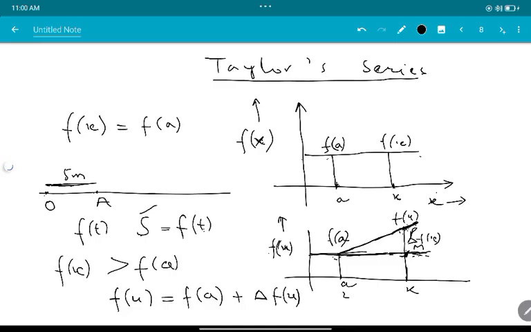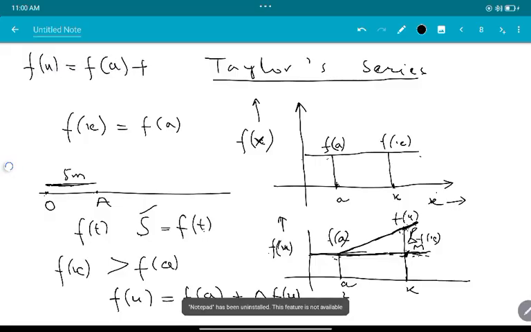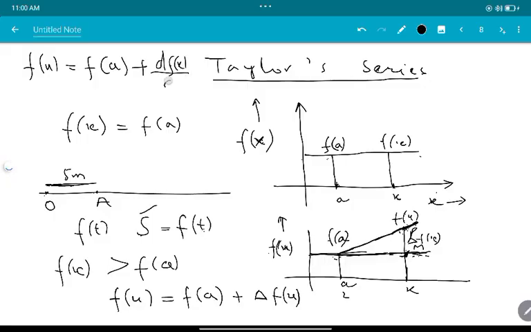Quite easy to see. f(x) is equal to f(a) plus the change in f(x). The change in f(x) can be written as the rate of change of f(x) with x, into the change in x, delta x.